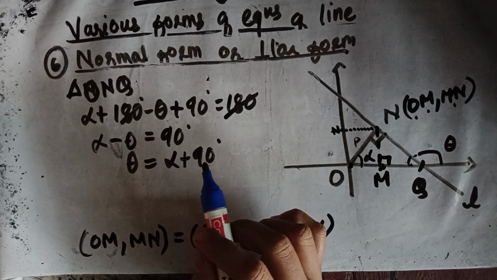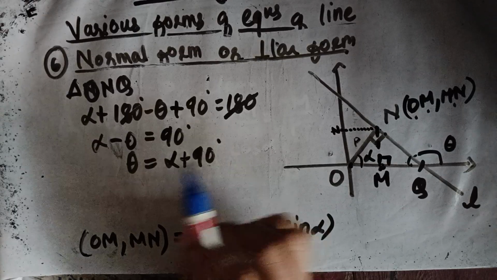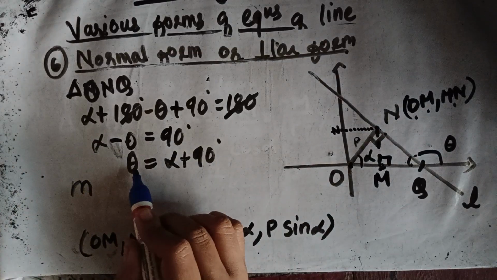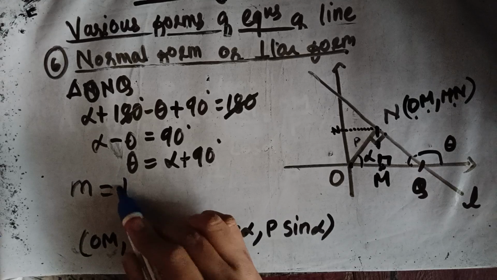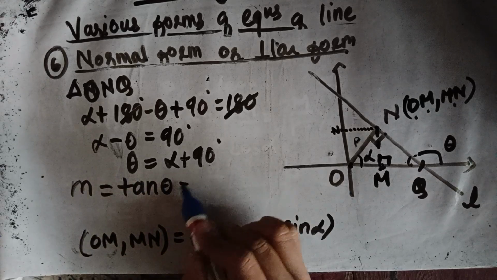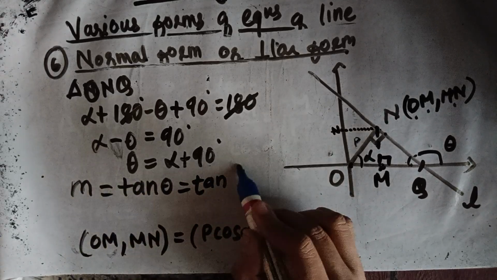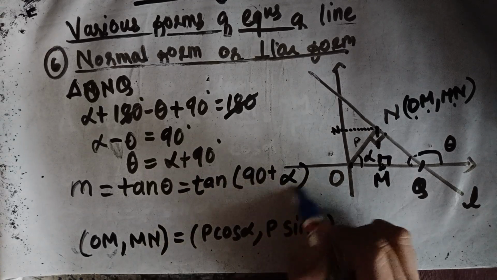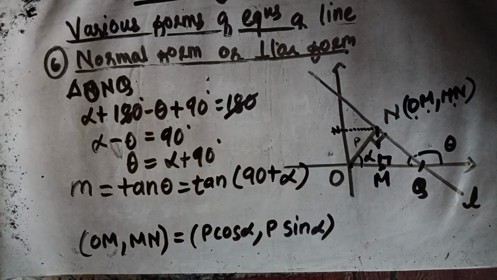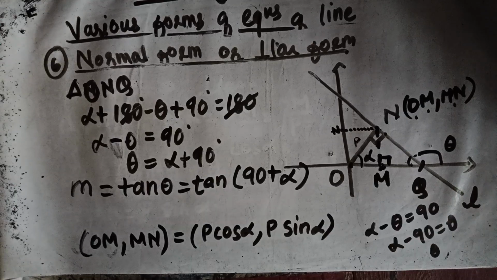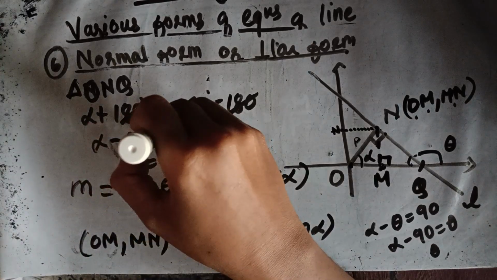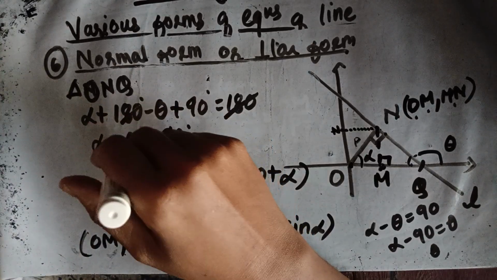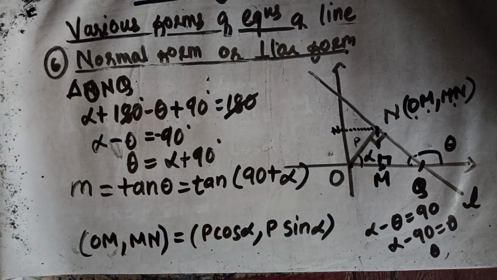Because we want theta for the slope, tan theta. So this is tan of 90 plus alpha.